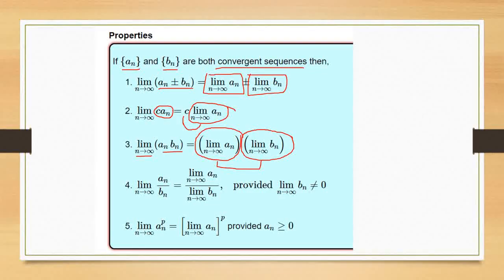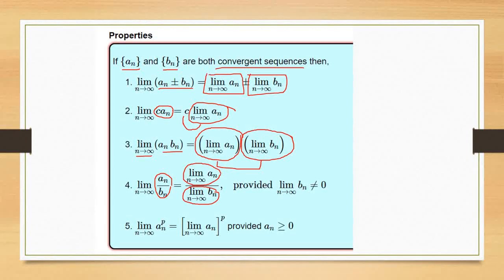Number 4, division. To get the quotient of the two convergent sequences as n approaches positive infinity, this is just the same as getting first the limit of a sub n and the limit of b sub n, provided the limit of b sub n is not equal to 0. Afterwards, we divide the limits of the two convergent sequences.